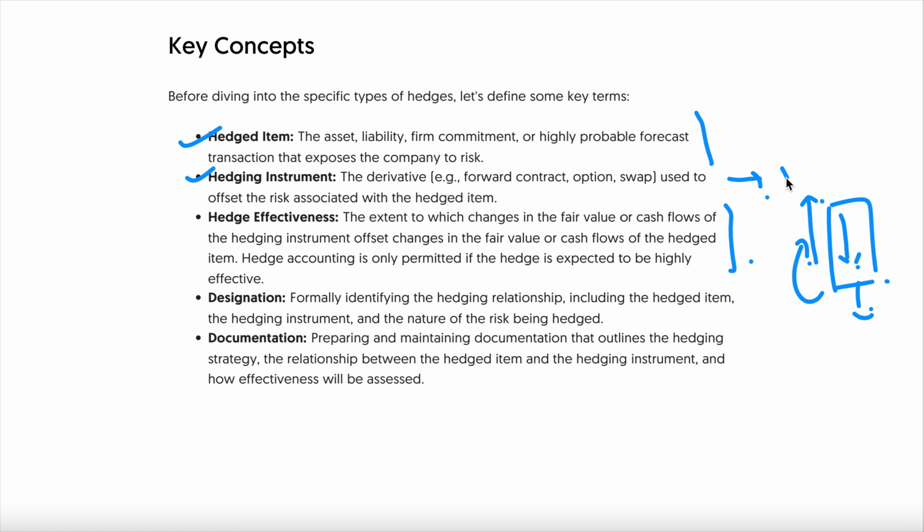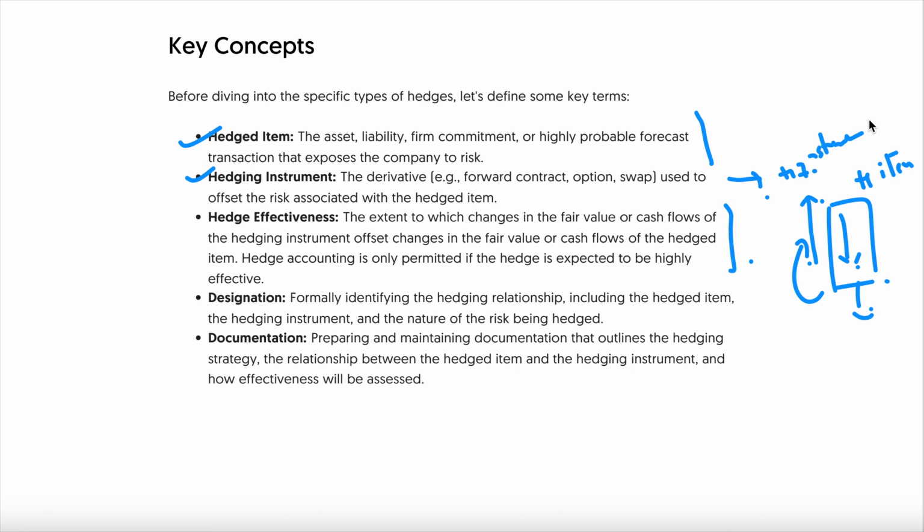So this is your hedging instrument and this is your hedged item. Hedge effectiveness is the extent to which changes in the fair value or cash flows of the hedging instrument offset changes in the fair value or cash flows of the hedged item.